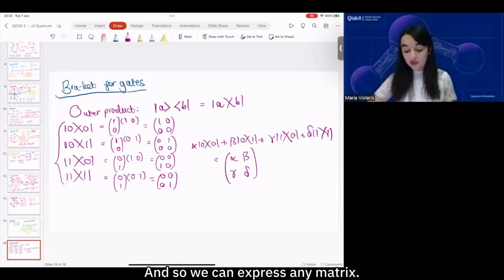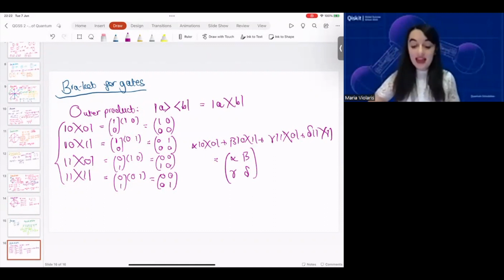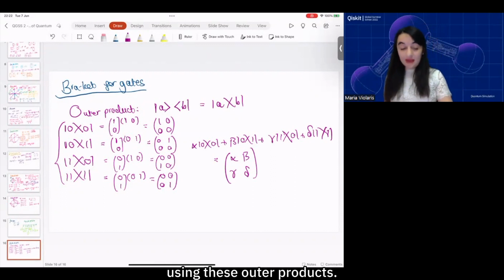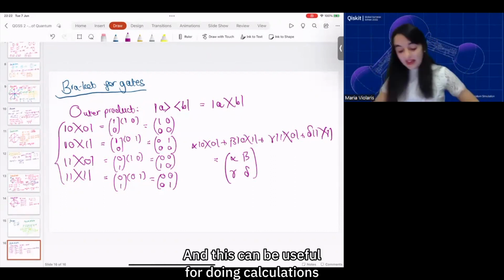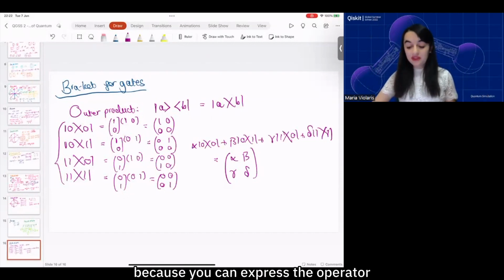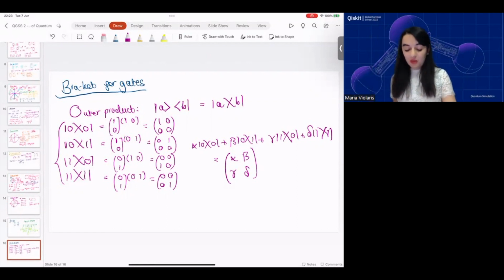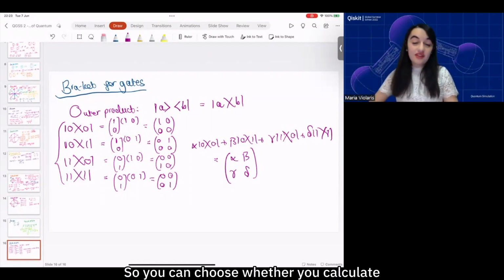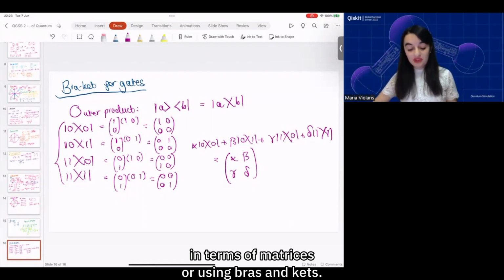So we can express any matrix in terms of our bra-ket notation using these outer products. This can be useful for doing calculations because you can express the operator in terms of bras and kets instead of as matrices. So you can choose whether you calculate in terms of matrices or using bras and kets.